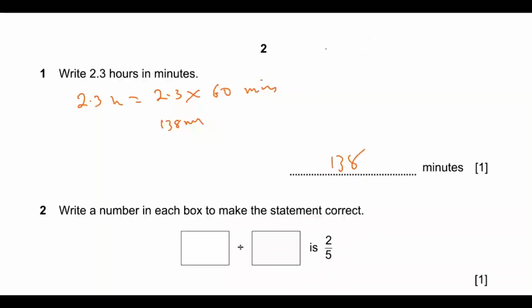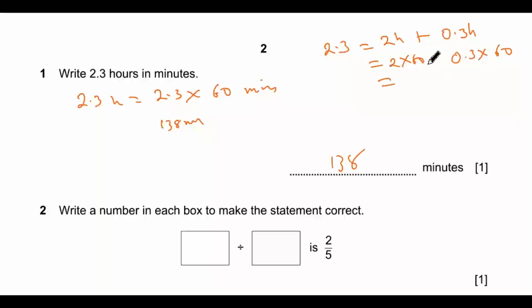Alternatively, you can say 2.3 hours is the same thing as 2 hours plus 0.3 hour. To convert them to minutes, this will be 2 multiplied by 60, then 0.3 times 60 as well.